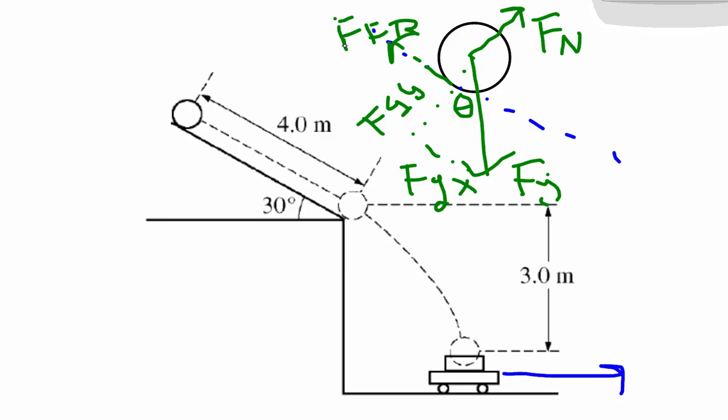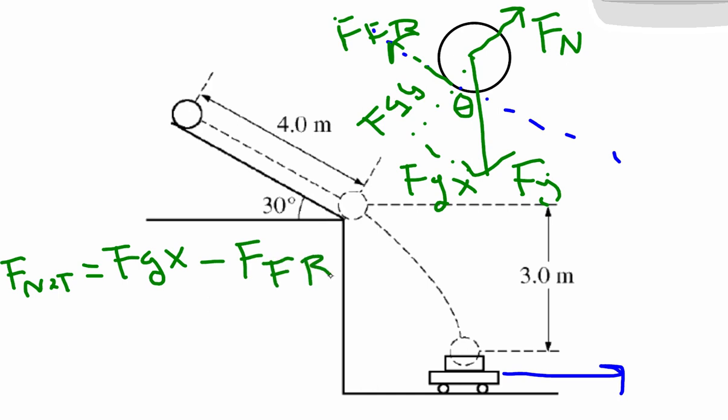So of course then the force net equation on this, force net equals force gravity x minus force friction. So of course we have MA equals mg sine theta minus force of friction.